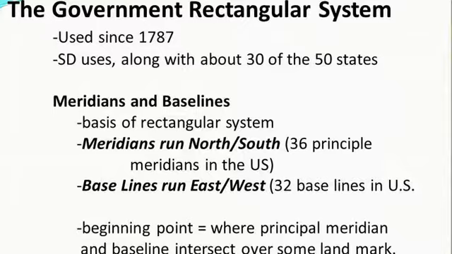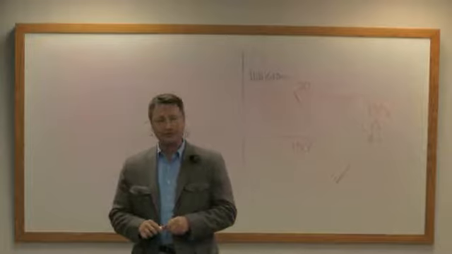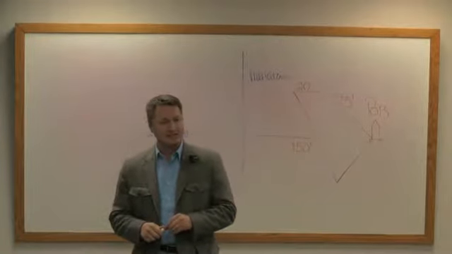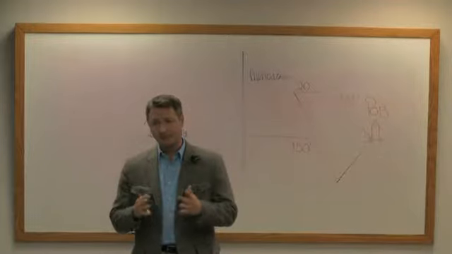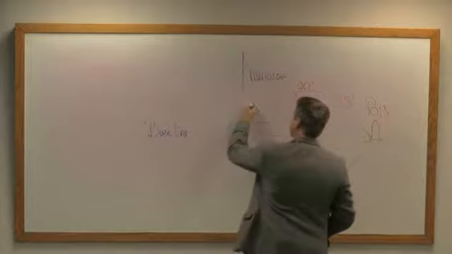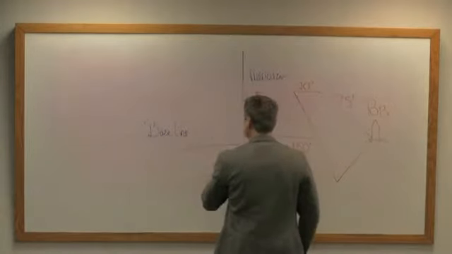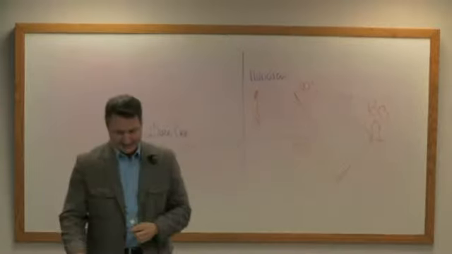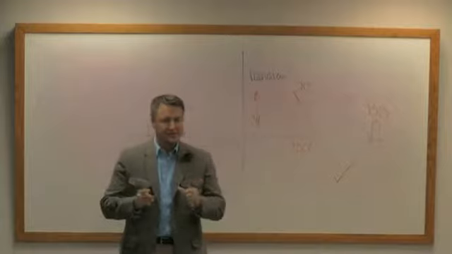You're not going to have to remember where the 37th meridian principle is or where the 33rd or 32nd baseline is in the U.S., okay? That's not going to be on your test. The simple fact that meridians run north and south, and baselines run east and west.